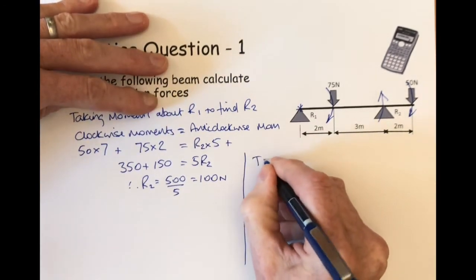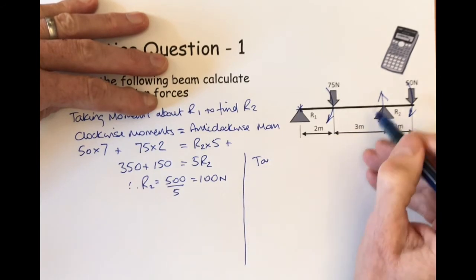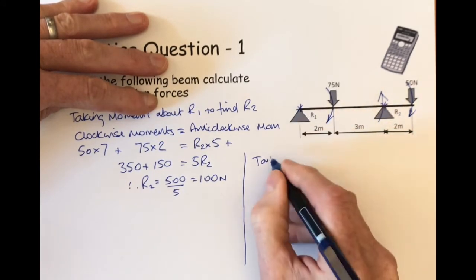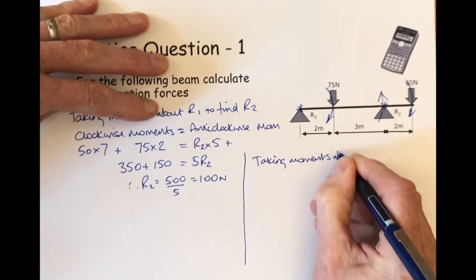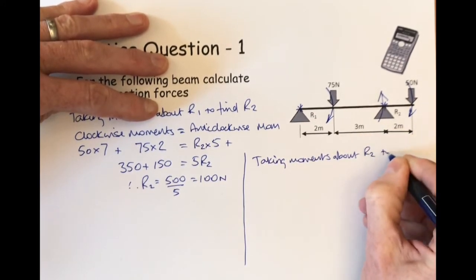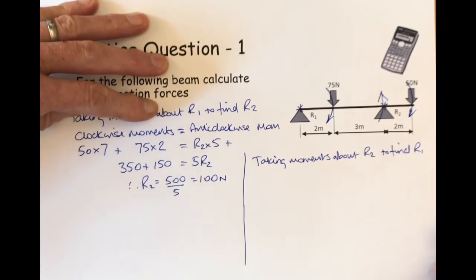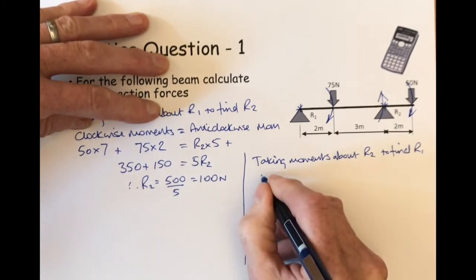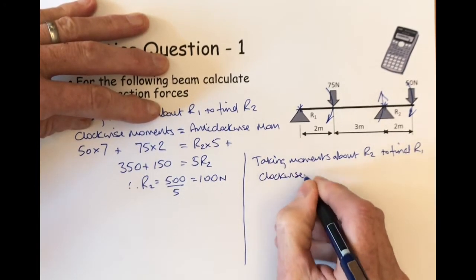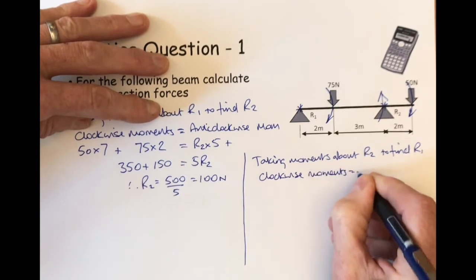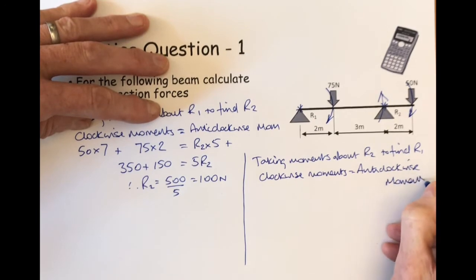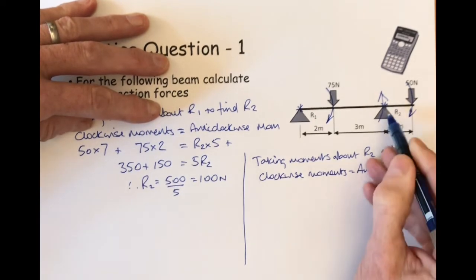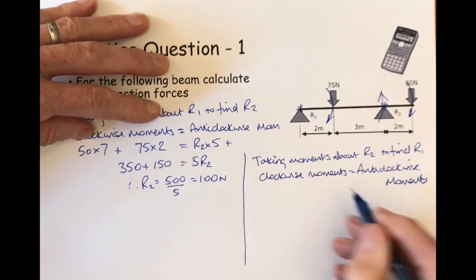So taking moments about R2 this time to find R1. Then state the principle of moments. Then we start off from here, again going left to right.